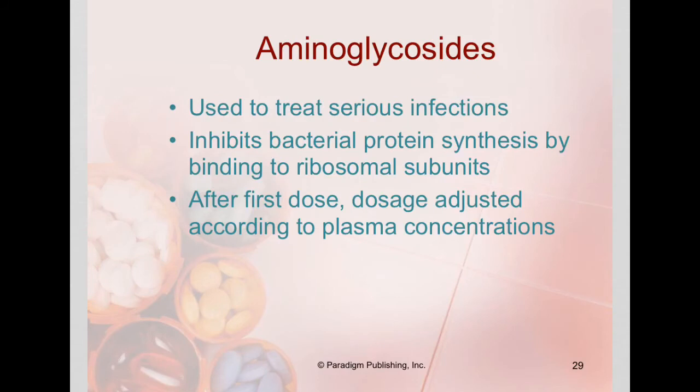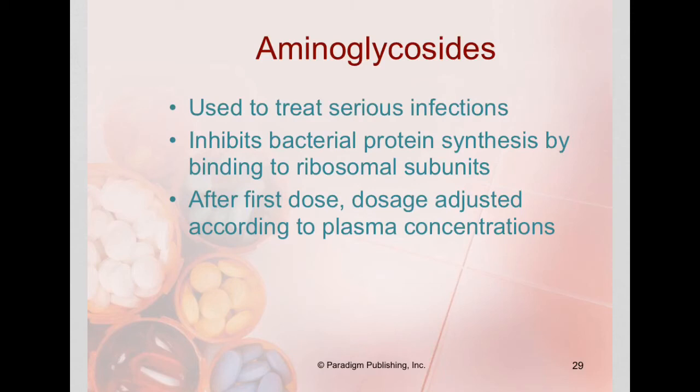Aminoglycosides are used to treat serious infections. They inhibit bacterial protein synthesis by binding the ribosomal subunits. After the first dose, the dose is adjusted according to the plasma concentrations. The aminoglycosides are the most common drugs prescribed for sepsis. The only problem is that their major side effects are nephrotoxicity and ototoxicity, meaning that they're destructive to the kidneys and the organs of the hearing, which is why the plasma concentrations have to be kept up with.